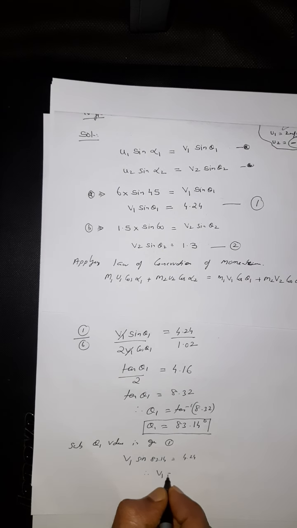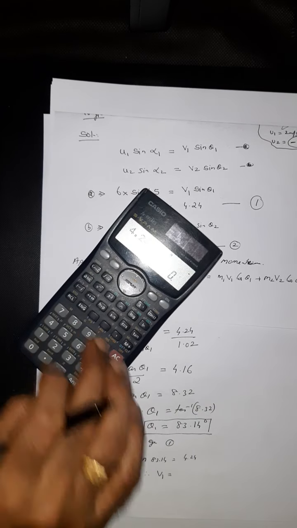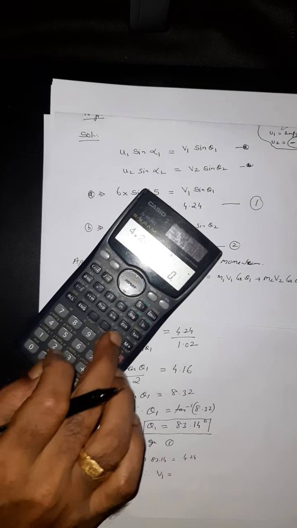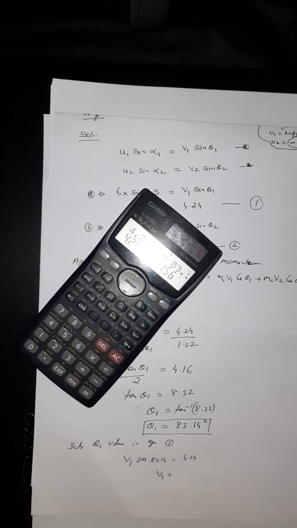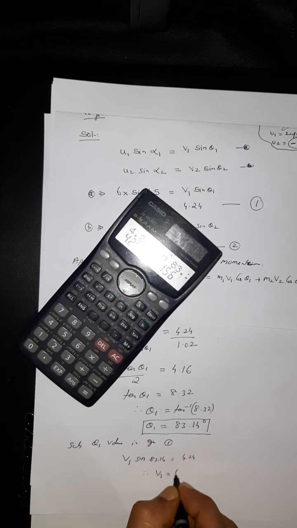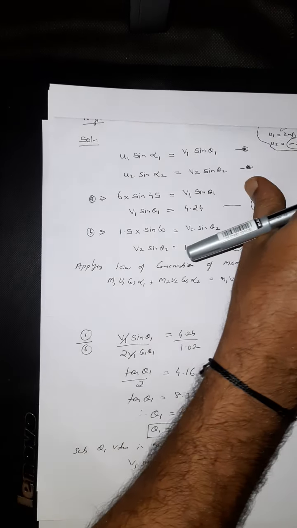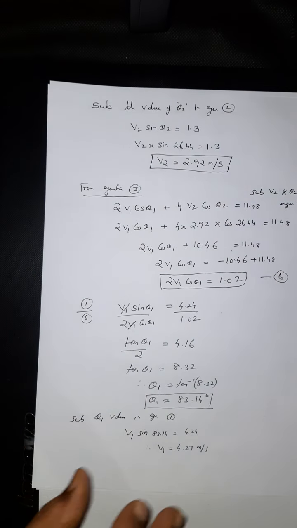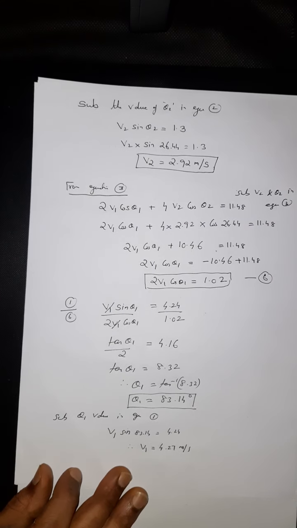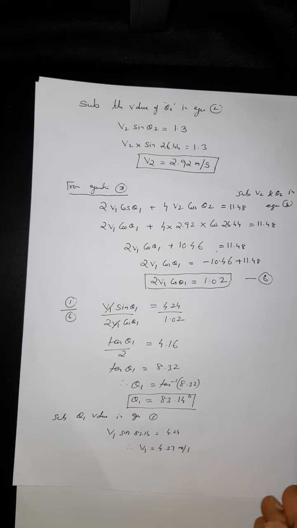Therefore v1 equals 4.24 divided by sin 83.14, which works out to 4.27 meters per second. So ultimately we found the values of v1 and v2. Those are the final velocities of balls 1 and 2, and theta 1 and theta 2 are the directions.